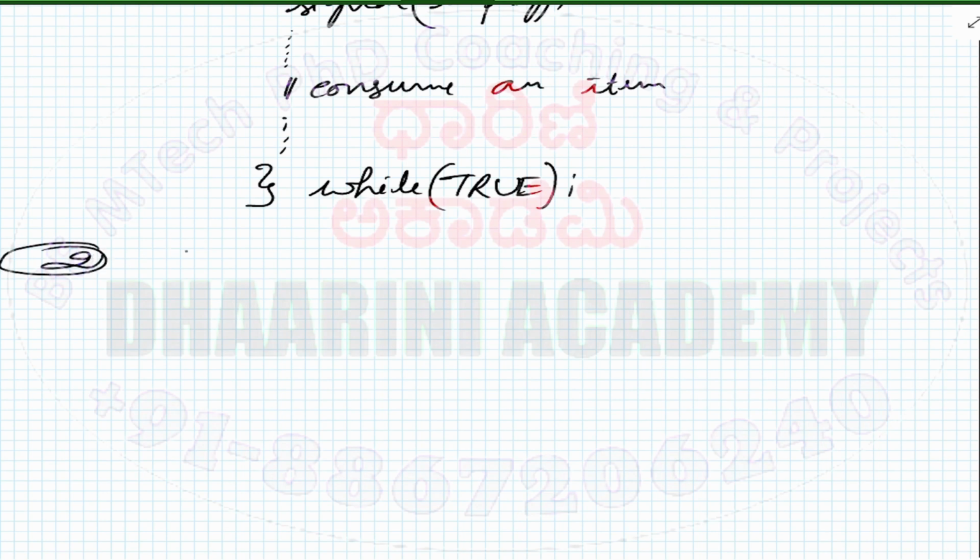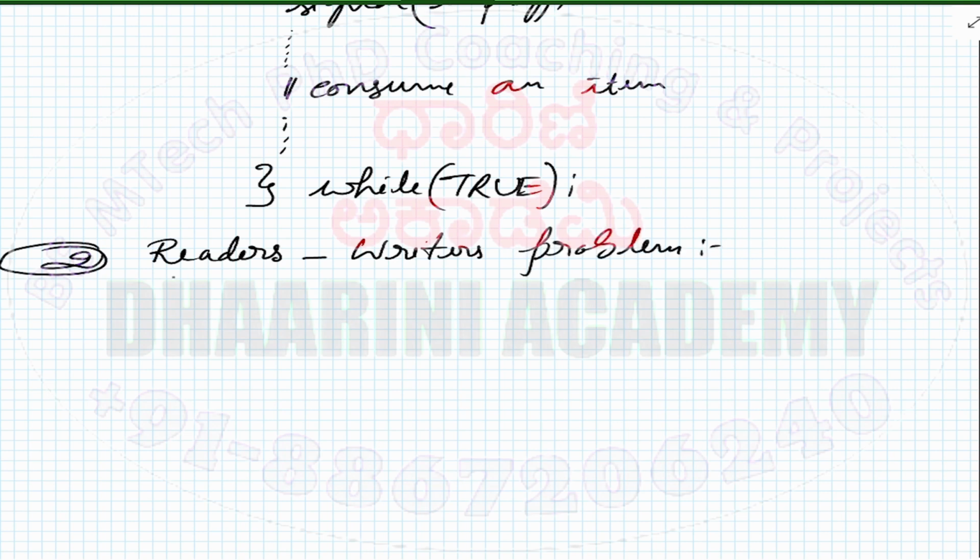Then the second major problem which is commonly used in synchronization is called the readers and the writers problem. Right. Let us say that you have a database and it has to be shared among several concurrent processes.